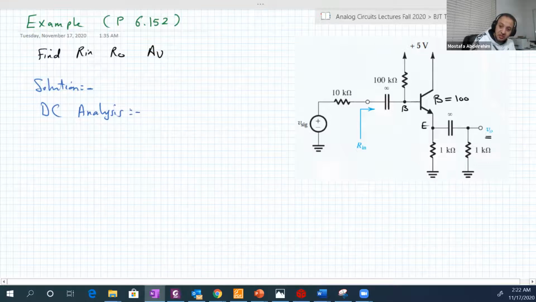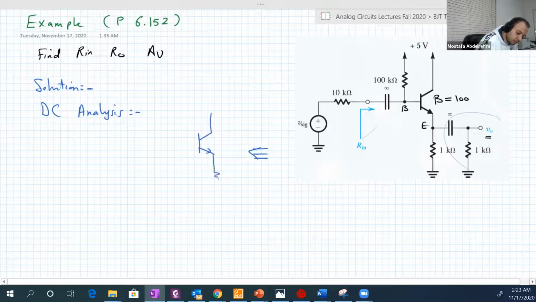In DC analysis, the capacitors are open. So we just remove this part and also remove this part. So the circuit will be reduced to the following one. RE, VCC equal to 5, and RB here, which is 100 kilo ohm. Let's call it RB.